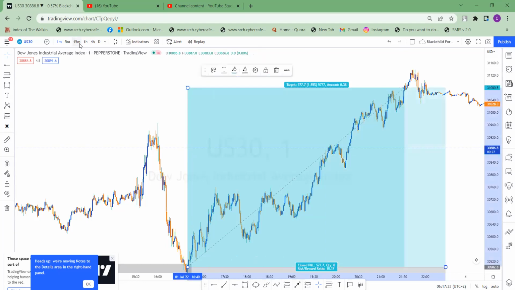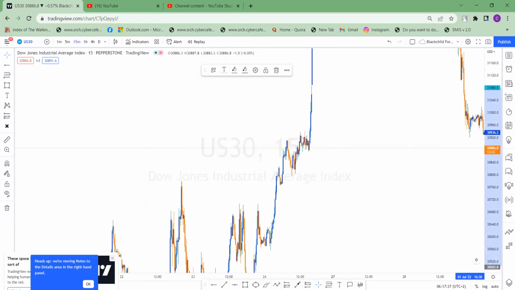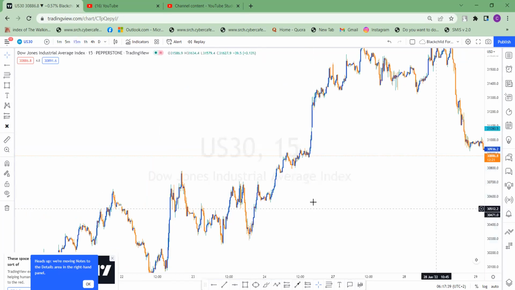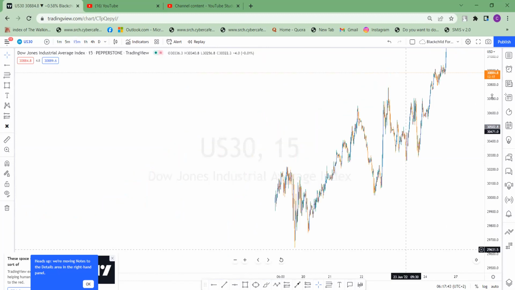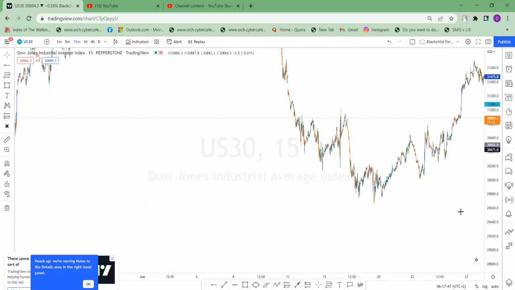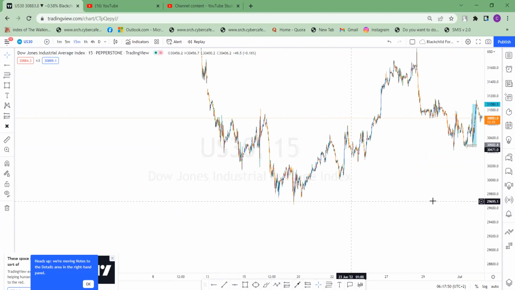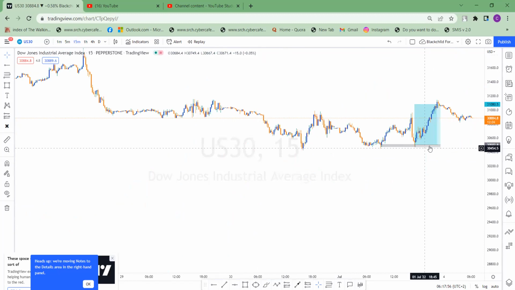Then you can go on a 15-minute time frame to see how you're going to maximize on this trade. Okay, so you can actually see we have an RR of how many? 1 to 18, right?